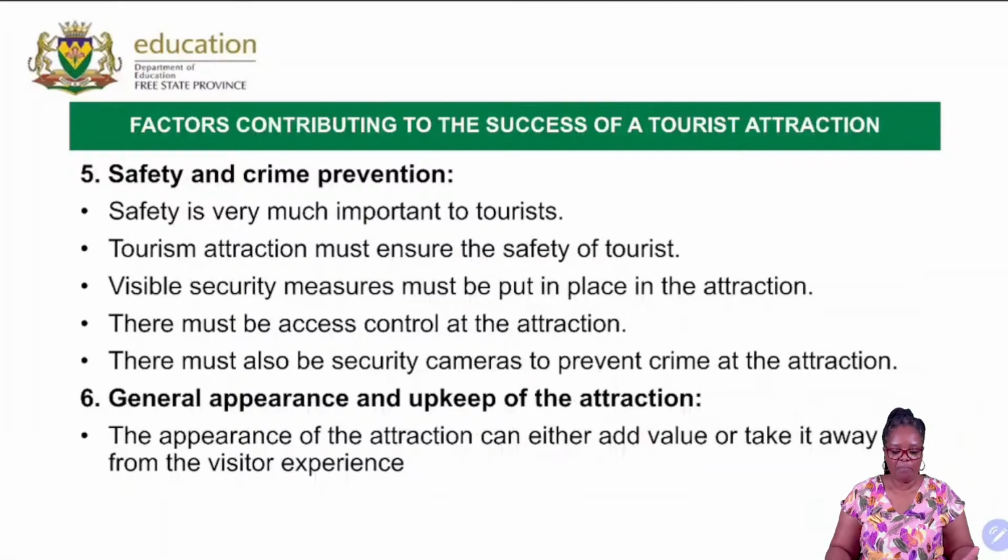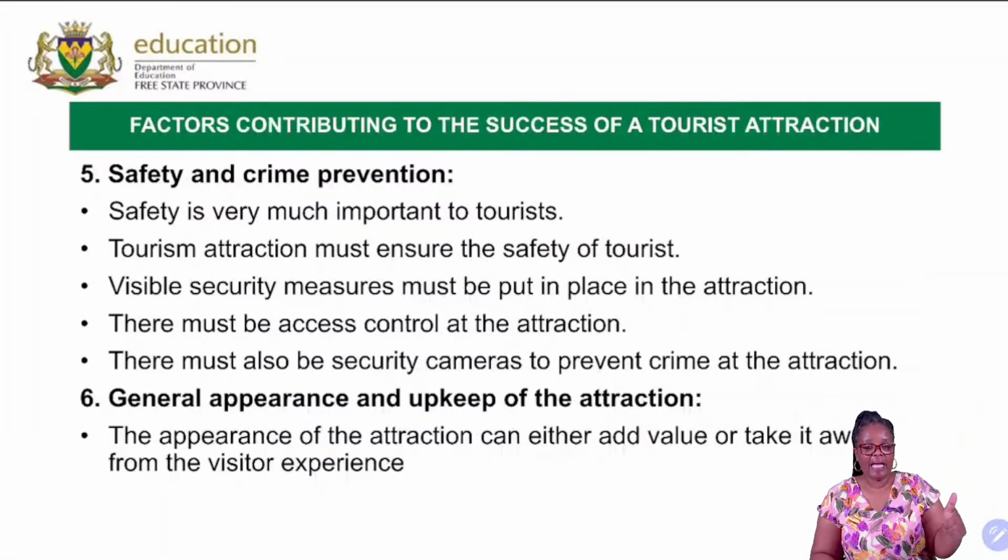So the upkeep and the general appearance of the attraction must be appealing to the tourists, because it can either add value or take it away from the visitor experience.